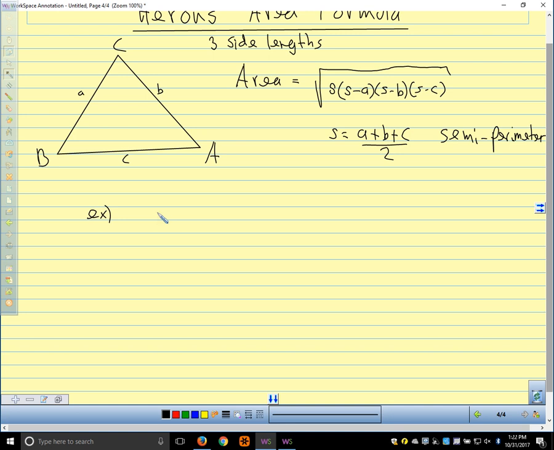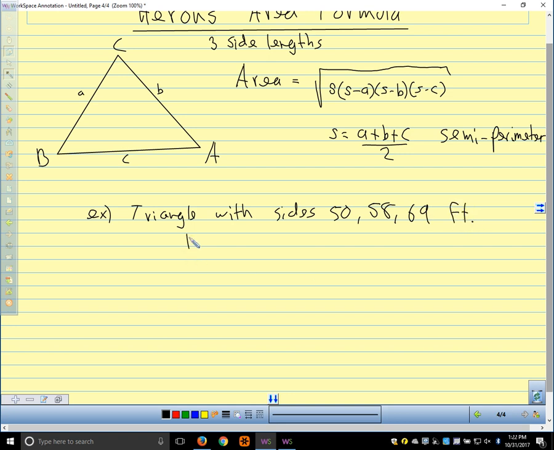You have seen them. When we talk about vectors in 3 dimensions, we'll talk about another way of finding areas of triangles. So let's say we have a triangle with sides 50, 58, and 69 feet.